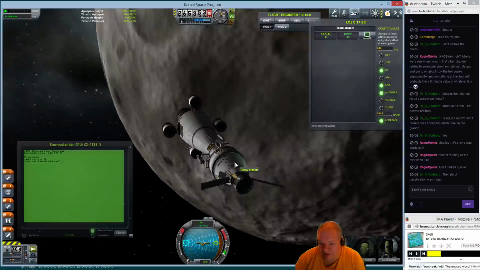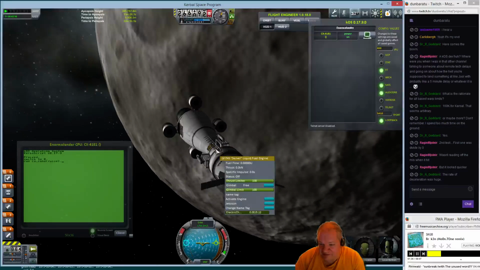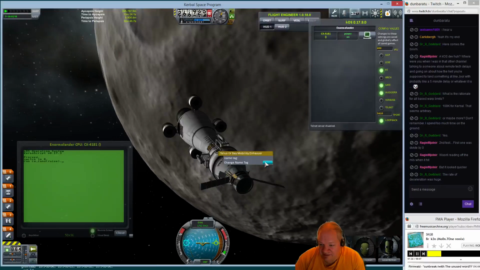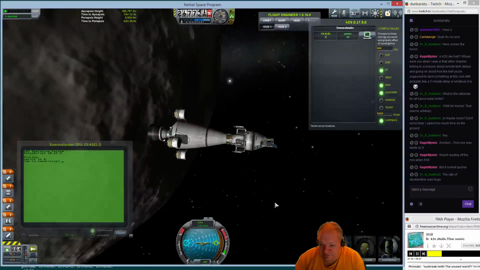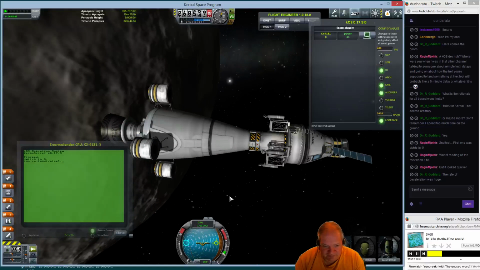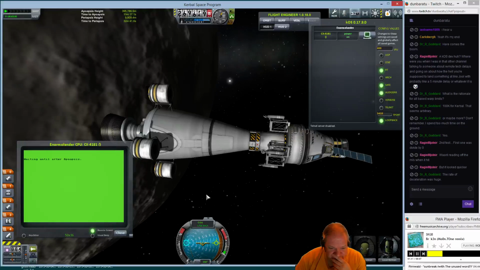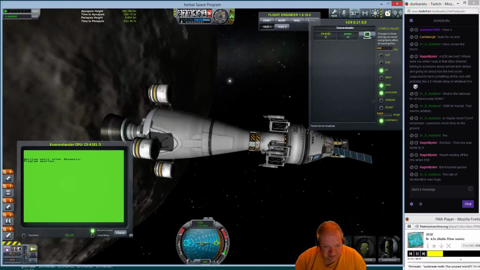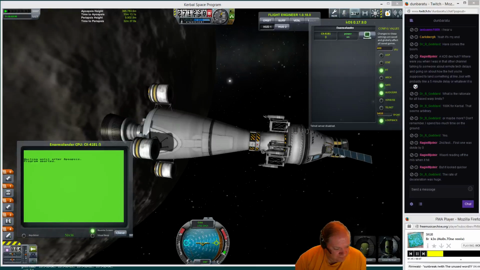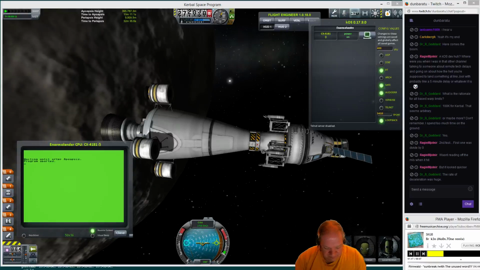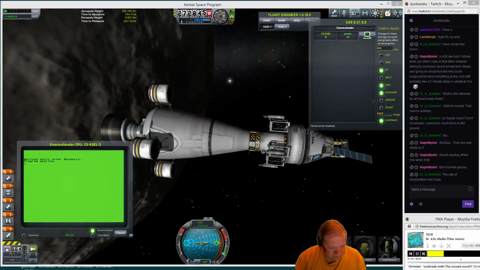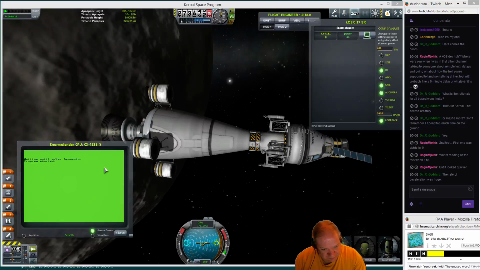And I don't know why this ladder is starting out extended. Alright, let's try that. Oops, hold on a second. There, better.